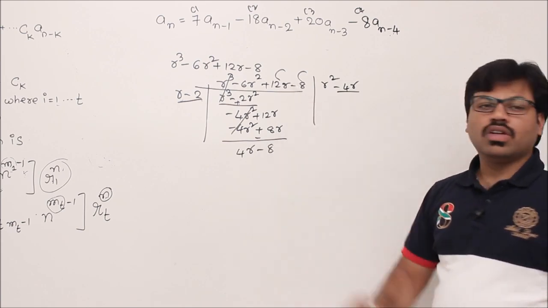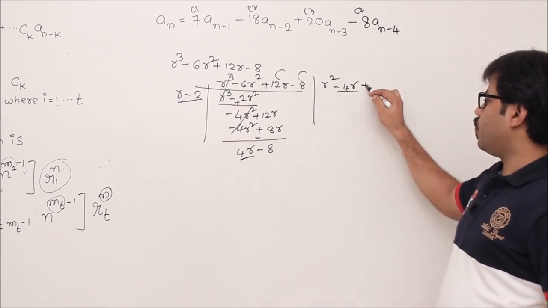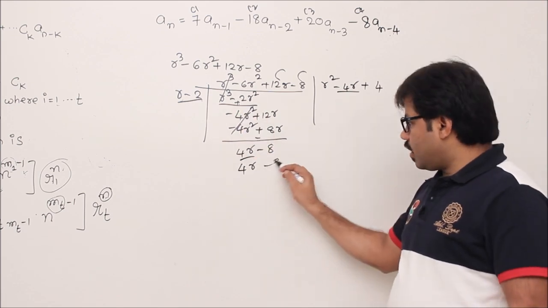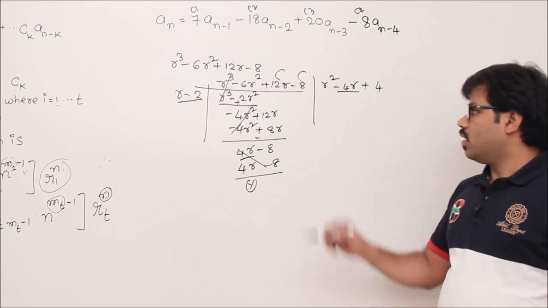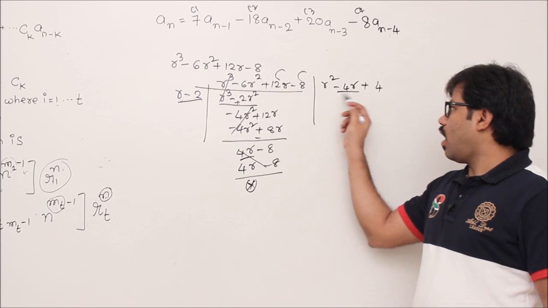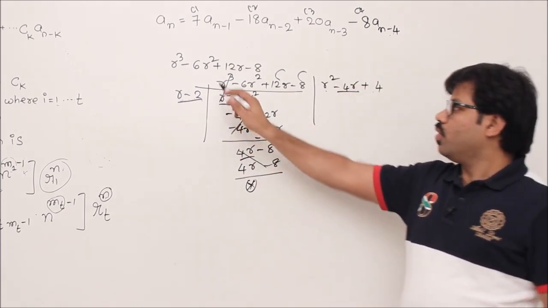Then r minus 2 into dash is 4 r plus 4, correct? Then it would be 4 r minus 8. Yes. So finally it is completely cancelled. That means whenever you get remainder 0, this r square minus 4 r plus 4 will become one of the factors of this one.